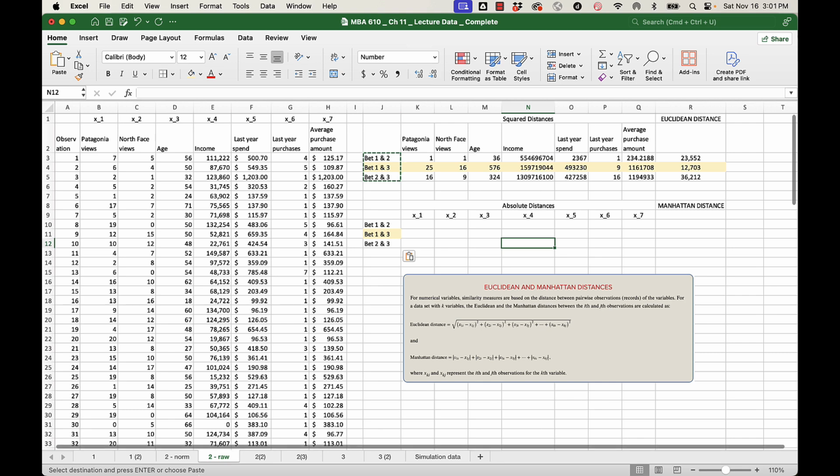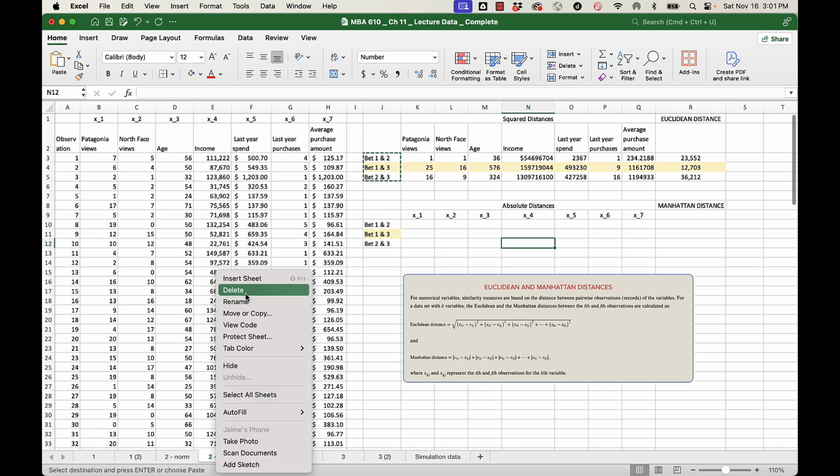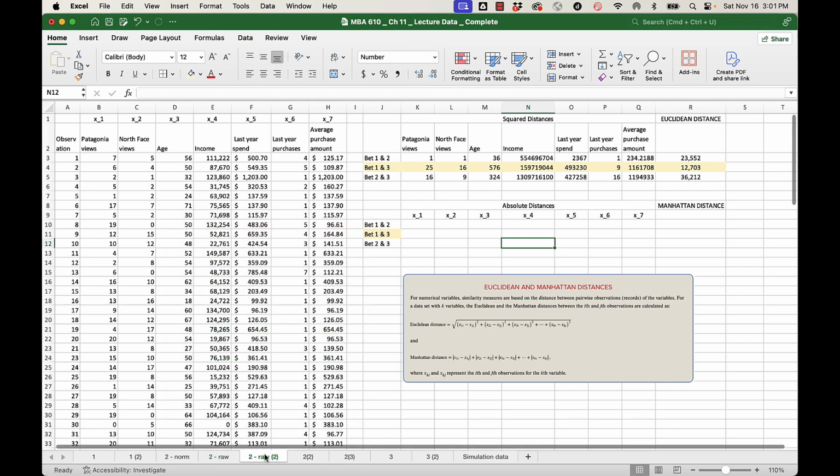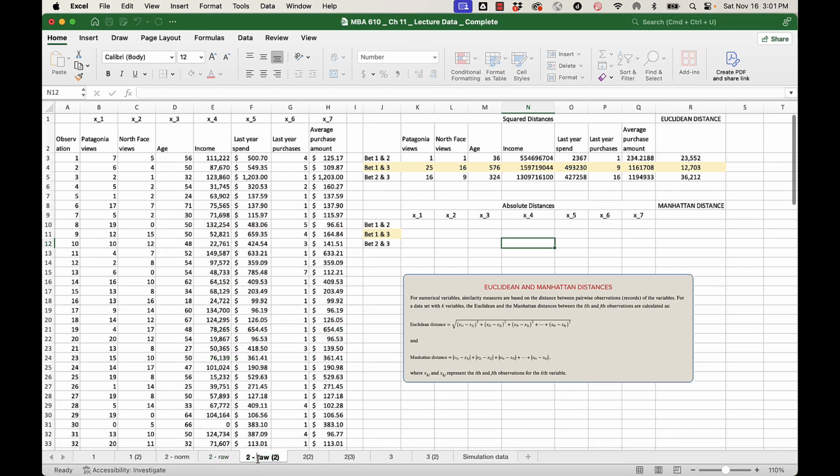What we're going to do to tackle this is duplicate this sheet. You can just put it wherever you want. And rather than calling it raw, we're just going to call it adjusted.